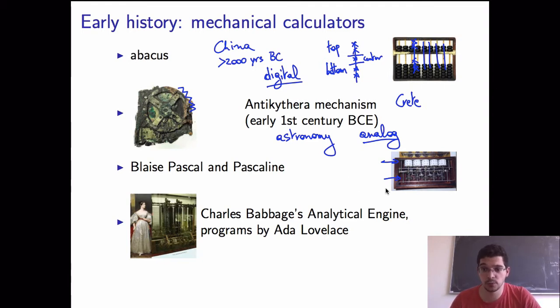So by turning the wheels, and the wheels interacted, having some clock-like mechanism, Pascal managed to make this machine perform basic tasks like addition, subtraction, and multiplication and division. So a certain limited number of tasks that are of interest in arithmetic operation.